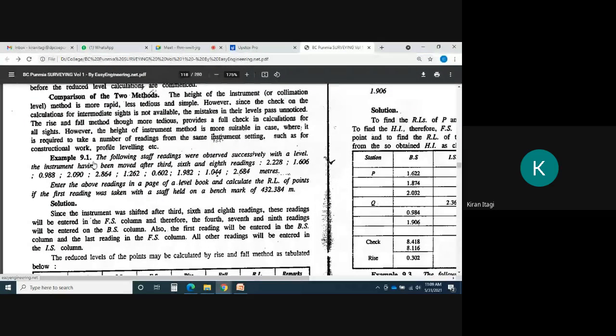It will be your homework or assignment. You have to solve it both by the rise and fall method and by the height of the instrument method. Okay, just take the screenshot of example 9.1.